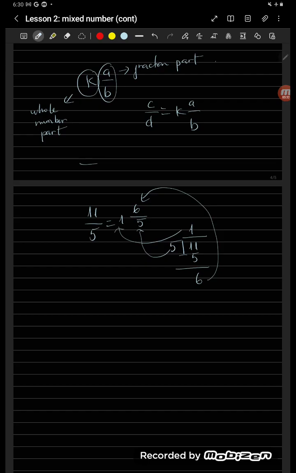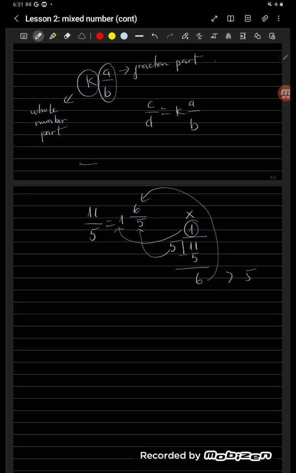Why does it lead to this mistake? Because when you did the division, you already made something wrong, and the wrong thing is the quotient part. The quotient should be 2, but you put 1, so your remainder is greater than the divisor 5.